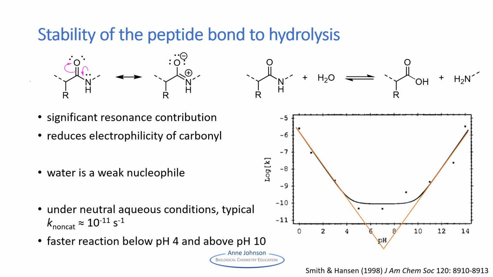We find that the reaction proceeds faster below pH 4 and above pH 10, where either acid or base catalysis become more important. In this diagram, the two orange lines indicate the extrapolated rates of hydrolysis under acid or base catalysis. These overlap in the middle, causing the actual results to level off.